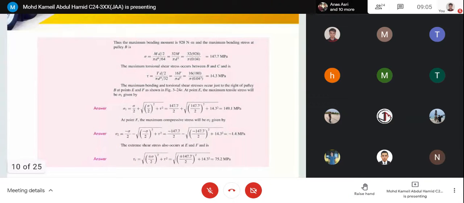Any question? The important part is that you remember to consider your total moment. Don't forget, you have to get your total or net moment, and then use that net moment to calculate your bending stress.